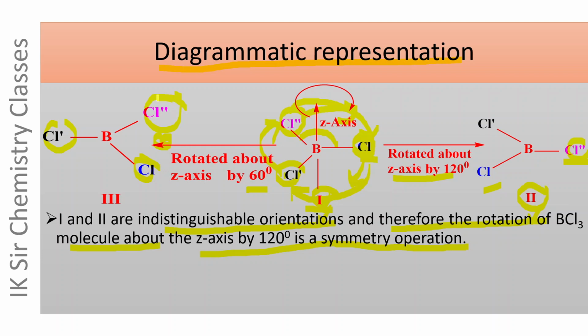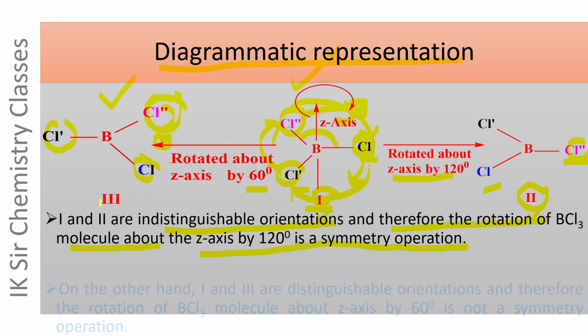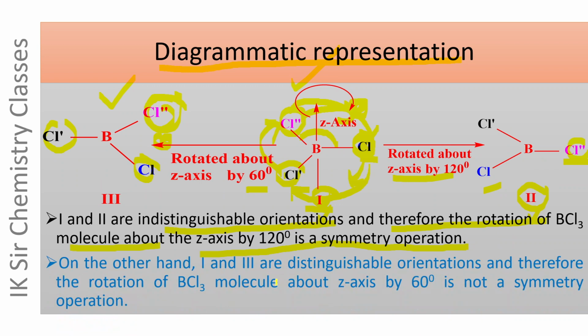Here a Cl double dash atom is present, while no Cl double dash atom is present at this position, and hence 1 and 3 are different orientations. These two orientations are not similar, and therefore the rotation of the BCl3 molecule about the Z axis by 60 degrees is not a symmetry operation.